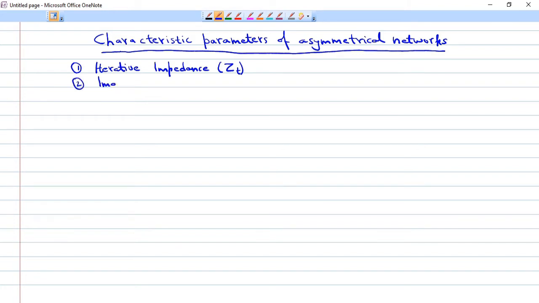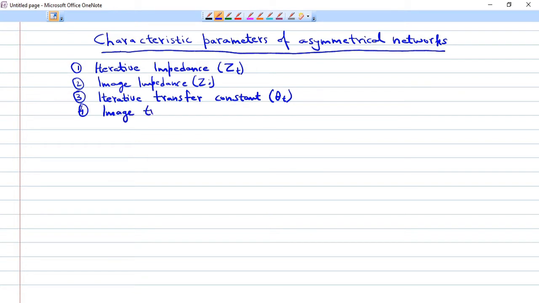Then image impedance, ZI, iterative transfer constant, theta t, and image transfer constant, theta I. Okay.